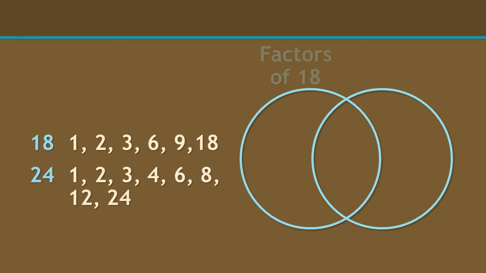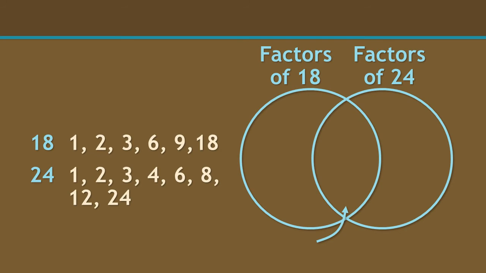So we're first going to take a look at the factors of 18, which we have right here. We're also going to be looking at the factors of 24, which we have written right here. Now what we're going to do is write the common factors of 18 and 24 in this intersecting part of the Venn diagram.